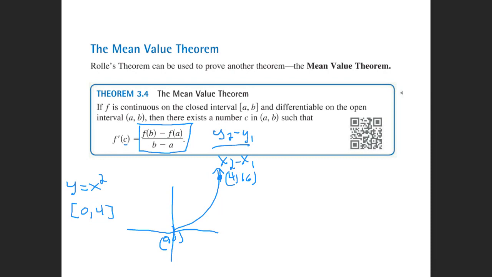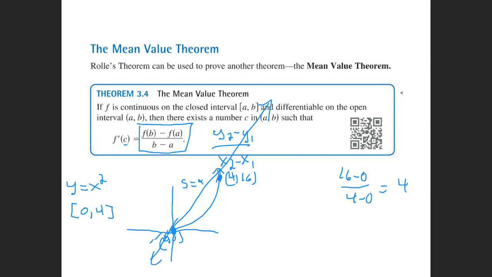Now what they're really saying is, if you found the slope between the two endpoints, I can do that. That's not a problem. I can find the slope of this line here. That would be 16 minus 0 over 4 minus 0, or 4. So the slope of this blue line, if I connected these 2 points, equals 4.